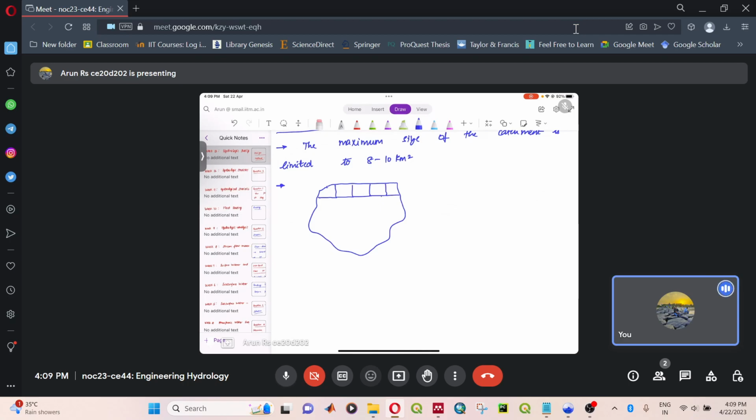So we may have to subdivide this entire catchment into n number of small catchments. That is the second assumption.